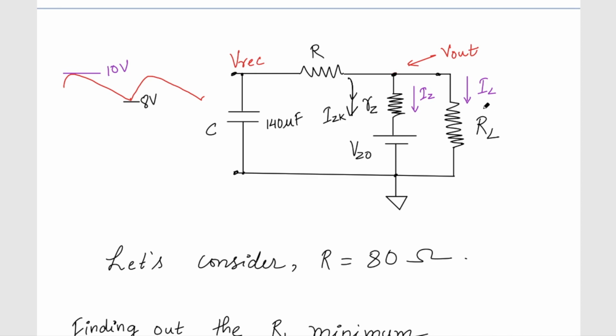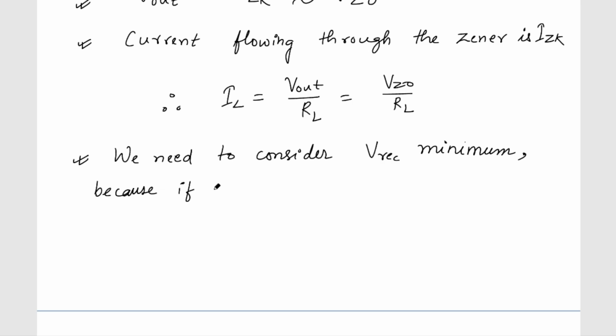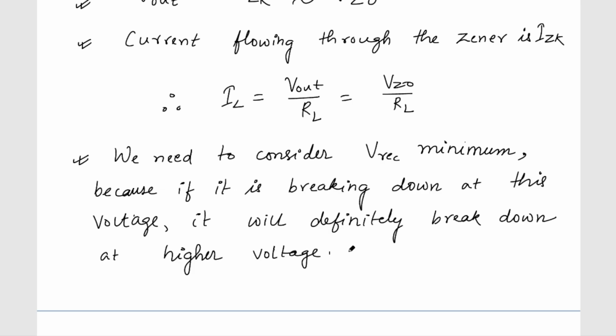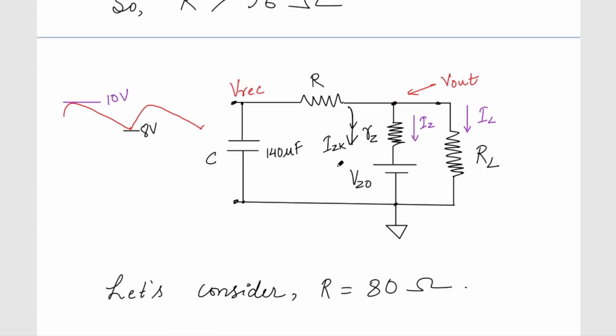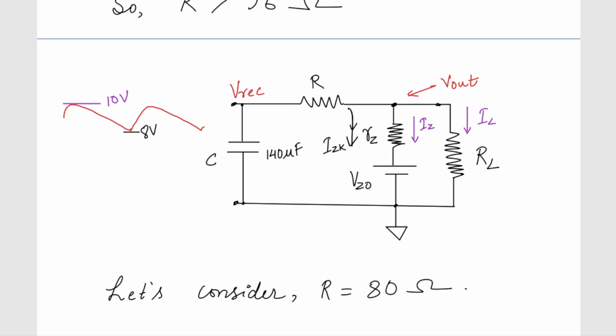So to find this RL minimum condition, we need to consider the minimum voltage, Vreg minimum. If the Zener is breaking down at this minimum voltage, it will definitely break down at a higher voltage.